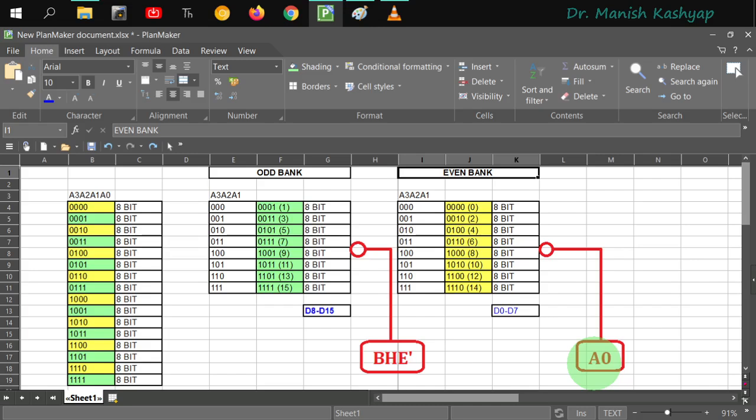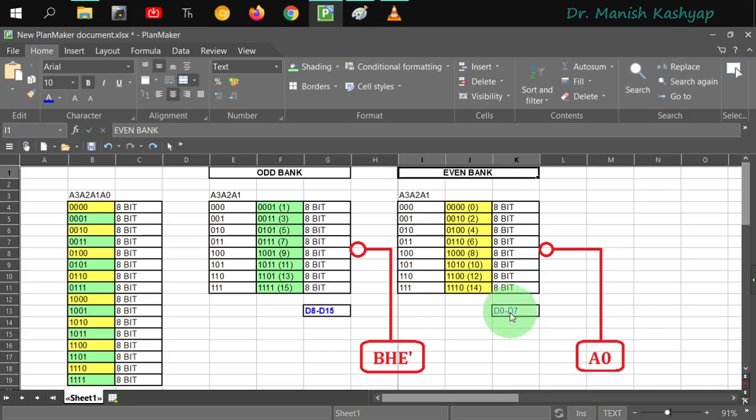The other advantage is, you see here you have used D8 to D15 for this bank and D0 to D7 for this particular bank. Now it would be very difficult to do so here. Why? Because address lines A0, A1, A2, A3 are connected here, which is fine. But this complete memory chip will have only 8 bits for the data bus, right?